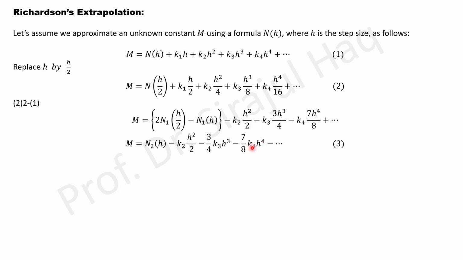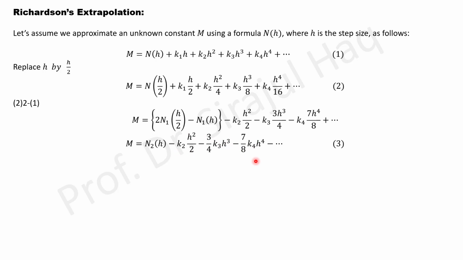So the same equation. Now further, the target is to get error of order h raised to the power 3. Means that let's get rid of this term. When we get rid of this term, the error will be starting from h raised to the power 3.